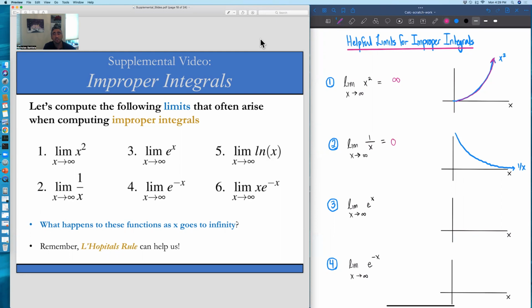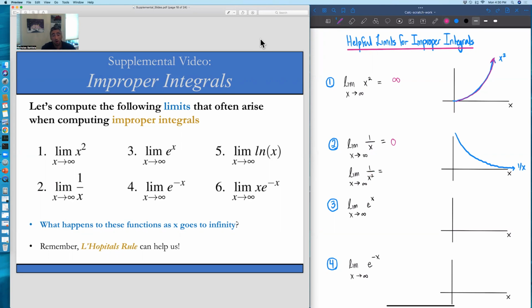Now, the other thing I want to mention here is a somewhat similar looking function, say the limit as x goes to infinity of 1 over x squared. What does 1 over x squared look like in comparison to 1 over x? The denominator of 1 over x squared is going to be larger than the denominator in 1 over x.